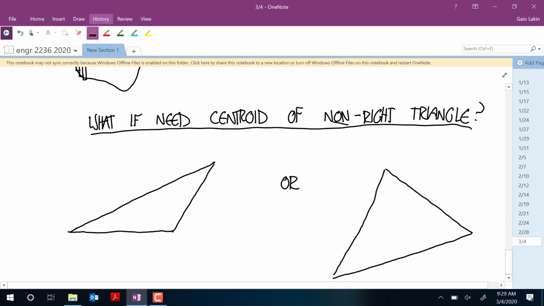Well, the key idea is you can always break up any triangle into a combination of right triangles. So just make this into this and use the sum formula. Make this into this and use the sum formula. Okay, so that right triangle formula is really all you need.